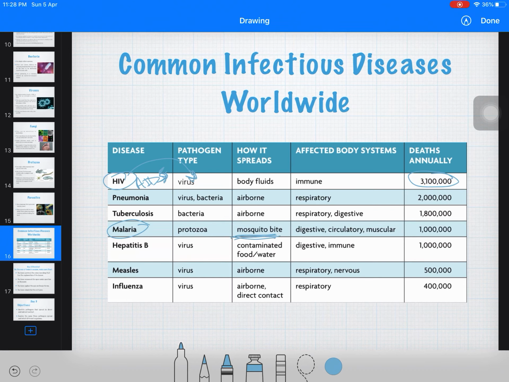It spreads by mosquito bites, and it affects the digestive, circulatory, and muscular systems, and the deaths are approximately 1 million per year. So as we can see in this table, the diseases are caused by pathogens in most cases, and they spread in different ways. They affect different body systems, and they cause different numbers of deaths based on the damage they cause in the body.